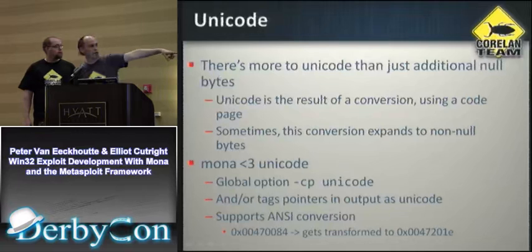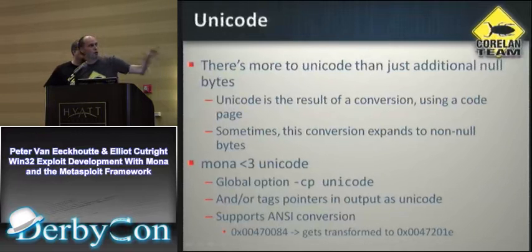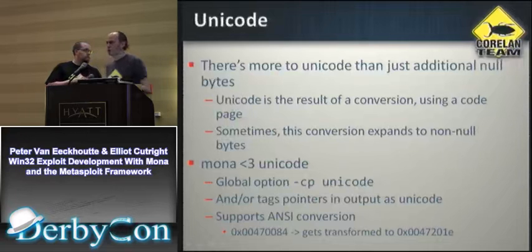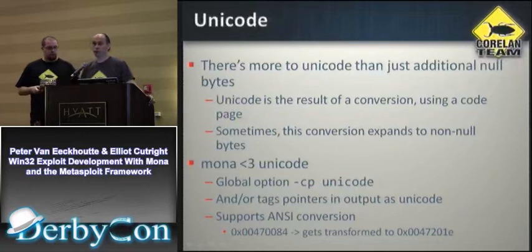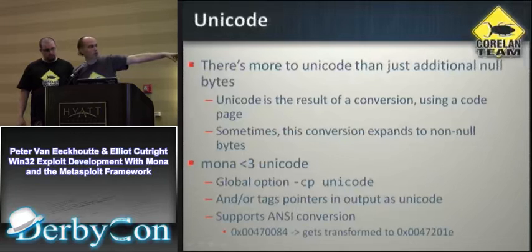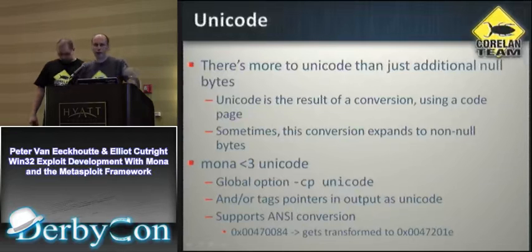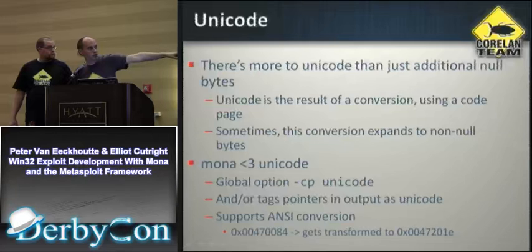If you look at the pointer 004721201E, what if that pointer points to your jump ESP or pop pop ret? Well, it doesn't look like a Unicode pointer at first sight, but it actually will get converted to that pointer if you use 4784 in your payload. So if you have to do that manually, I mean, guys, good luck. Mona will just, if you look for jump ESP, give you that information.